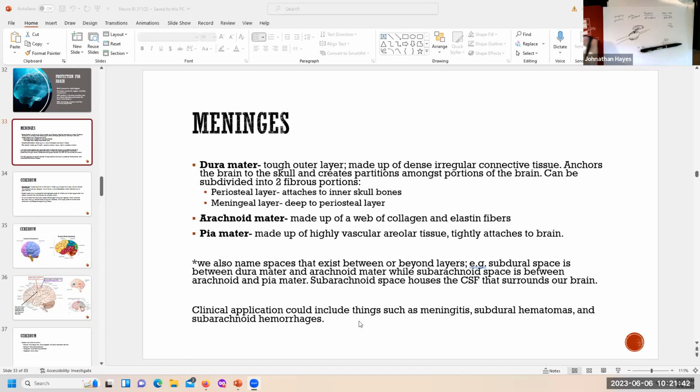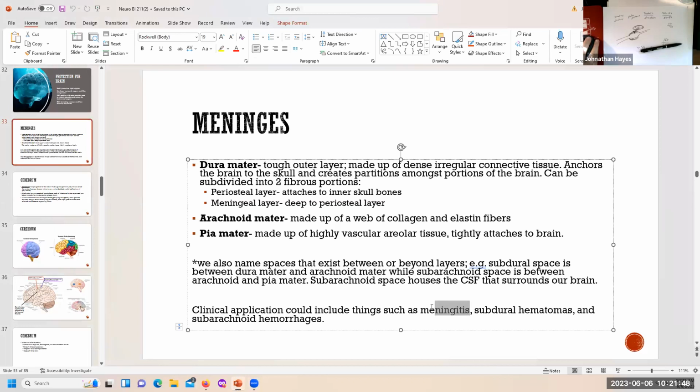And similarly, meningitis, of course, if you have any type of infection or inflammation of the meninges themselves, which most of the time would usually come from some type of bacterial infection, viral infection, or fungal infection. That could actually cause the meninges themselves to swell. And any type of, again, pressure on the brain is going to equal problems.